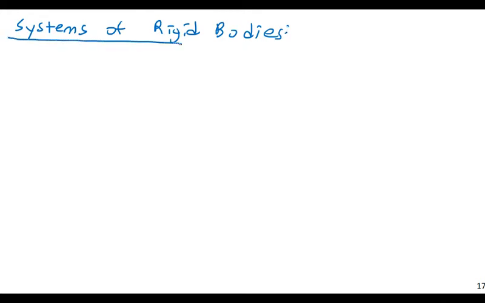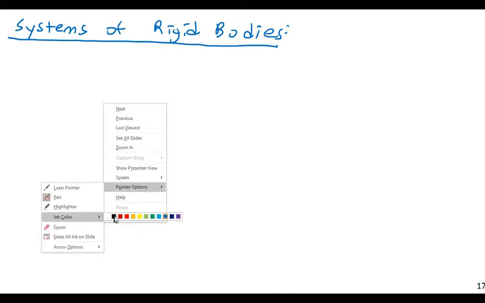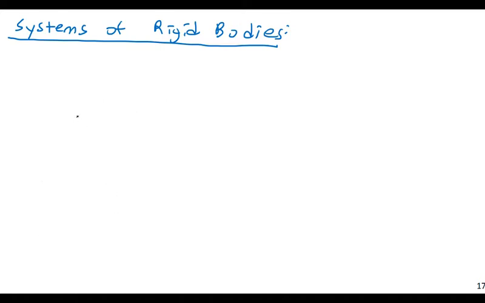Systems of rigid bodies. So again, the motion of several objects.